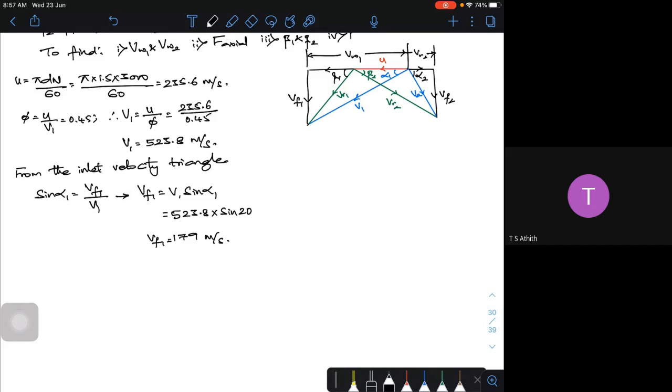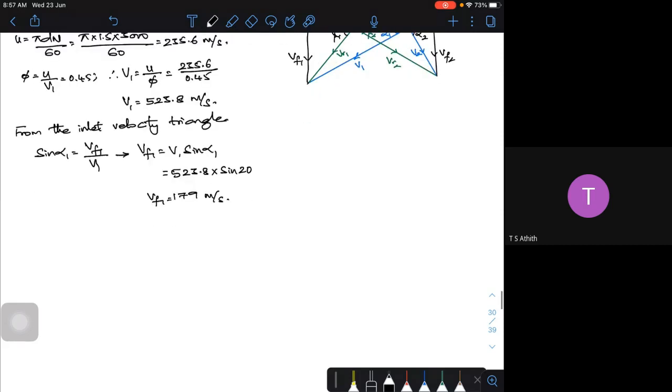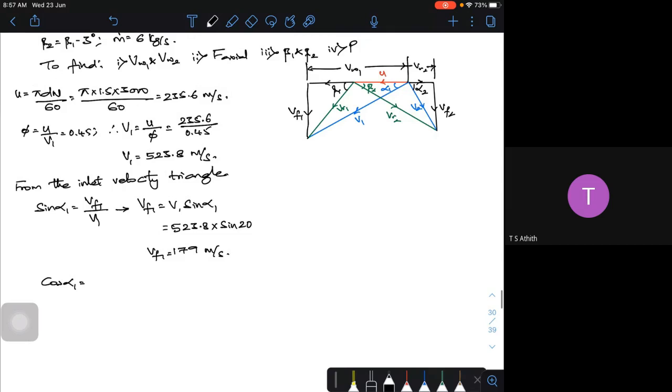Similarly, from the same inlet velocity triangle, I can find, let me go with cos alpha 1. What is cos alpha 1? Cos alpha 1 is equal to VW1 divided by V1.